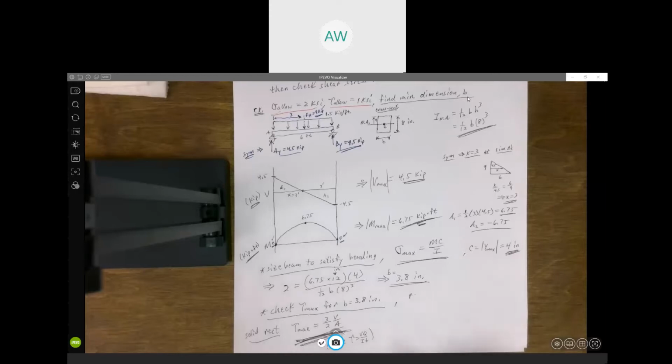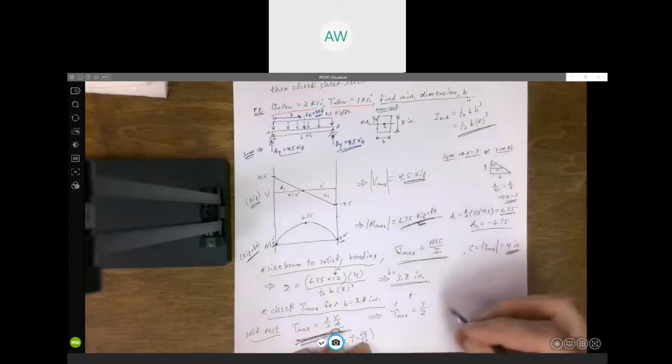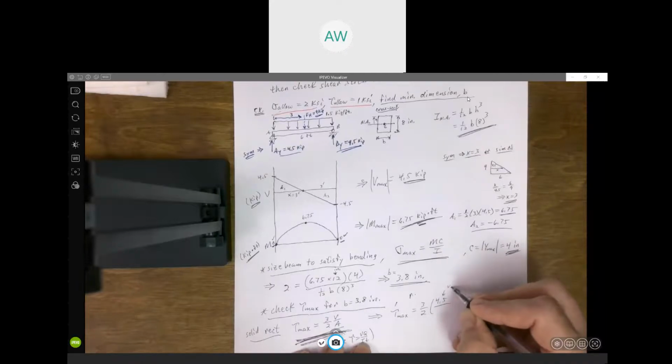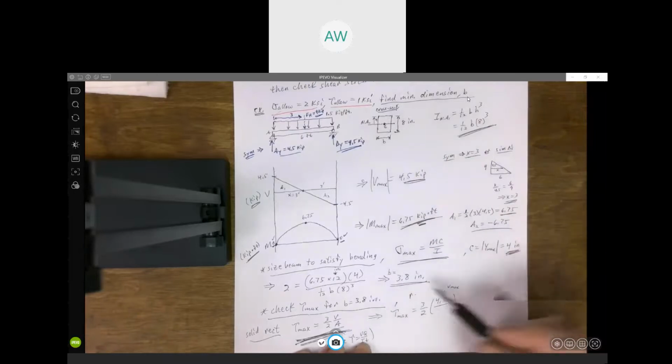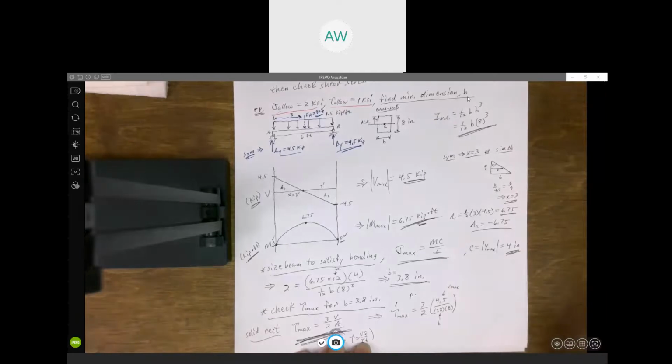So what we're going to do is see what tau max is for this cross section if b is 3.8. So tau max would be 3/2 times V max, which was 4.5, over the area. It's a rectangle, so if b is 3.8, what's 3.8 times 8? So we put in our b and see what tau max is.